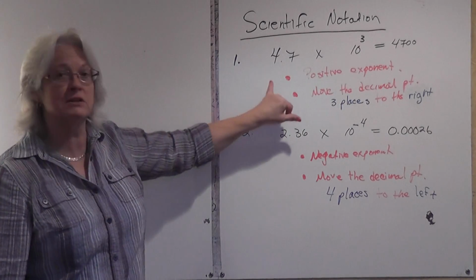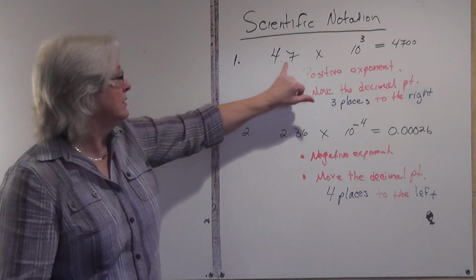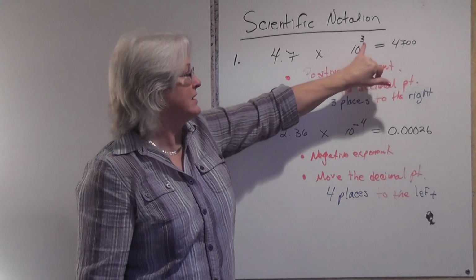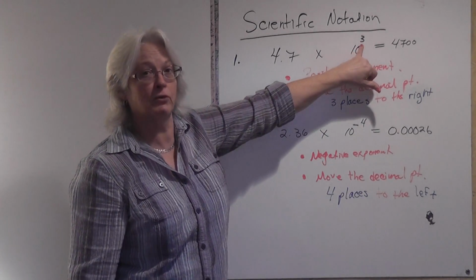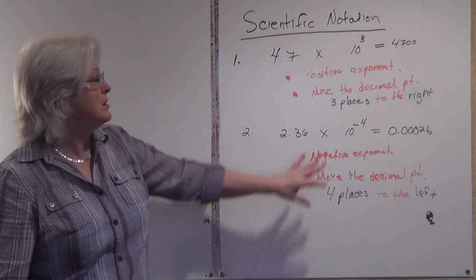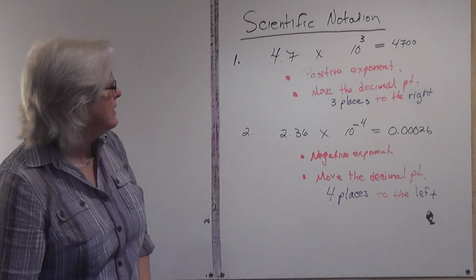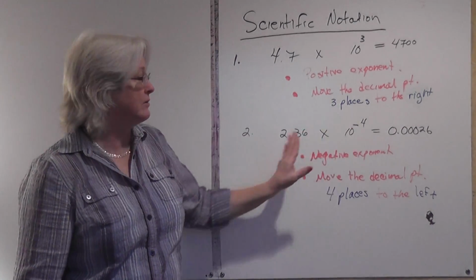If you have a positive exponent, that means that you move your decimal point the same number of places to the right as that exponent is. We have an exponent of 3, it's positive, so we're going to move our decimal point 3 places to the right. Now, we have 2.36 times 10 to the negative 4th.